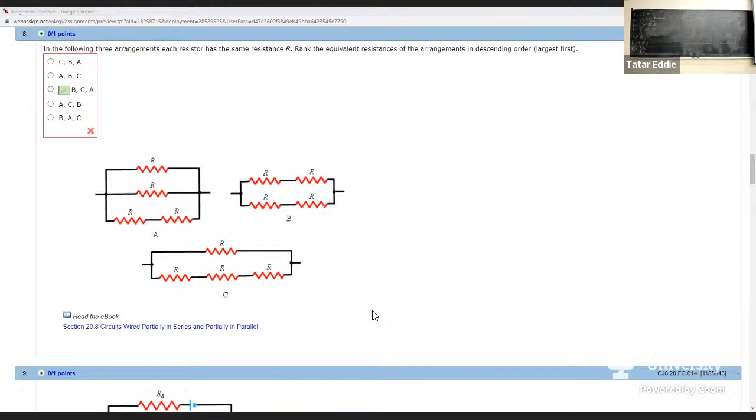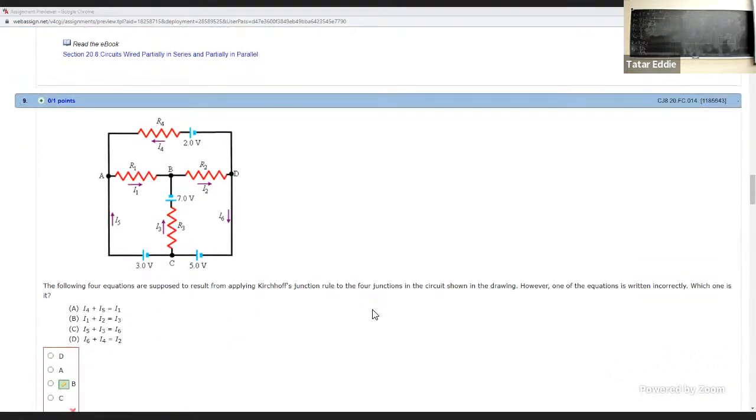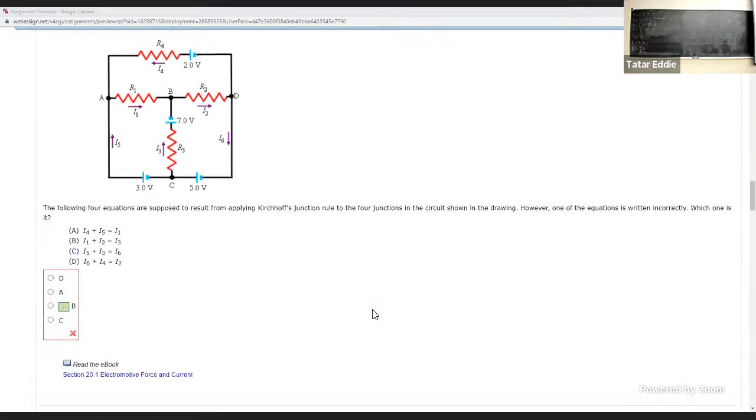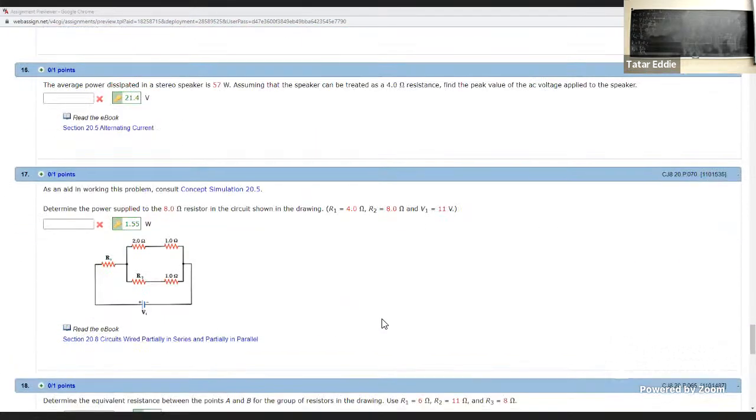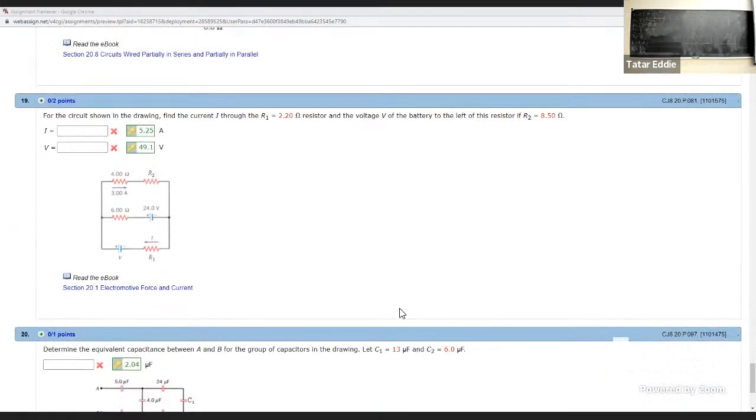Well, some of the questions that follow, for example, problem number 19. In problem number 19, you have two batteries, 4 resistors connected in some weird way. And to solve problems like problem number 19, we have to formulate and exercise Kirchhoff rules, which is a set of 5-6 steps that you have to follow.